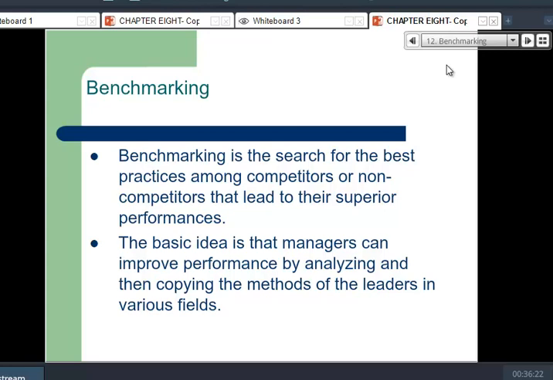So the basic idea is that managers can improve performance by analyzing and then copying the methods of the leaders in the various fields.